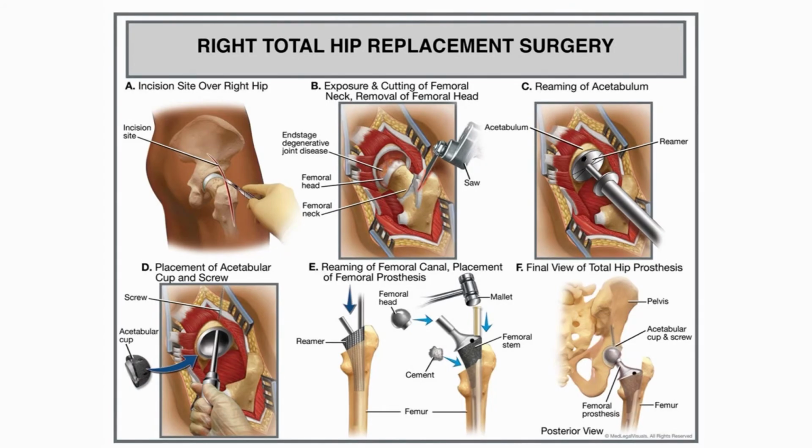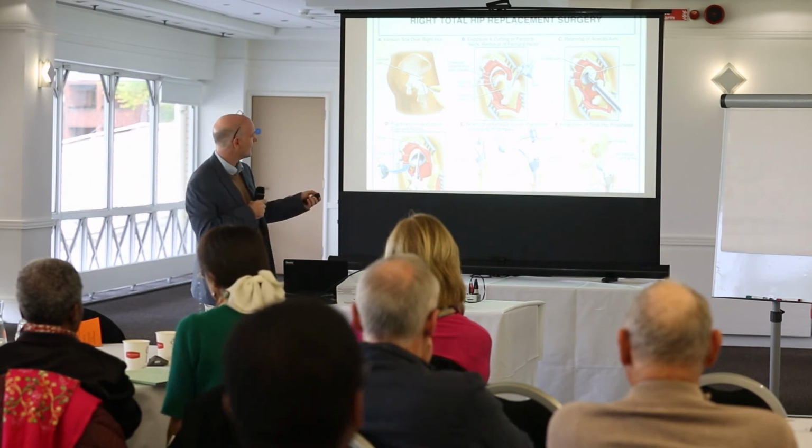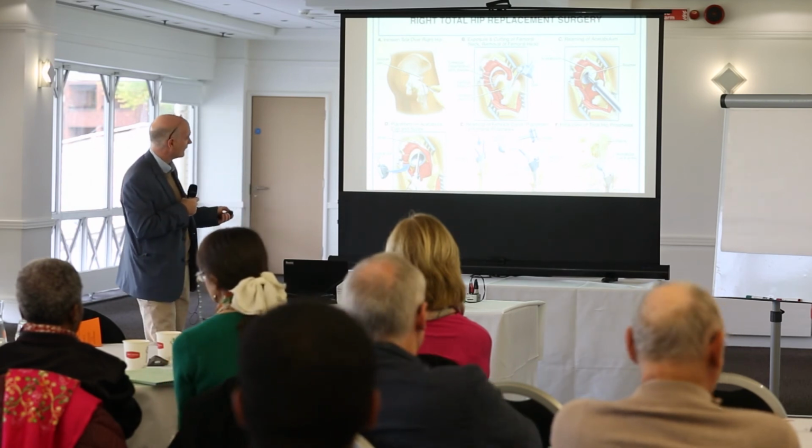And here's just a schematic in case you want to go home and do a hip replacement yourself this evening. So just to tell you what's involved. Here we'll make a cut on the thigh bone, and we cut off the neck of the thigh bone just below the head, and then that gives us access to the socket part, and we get a little drill and ream that up, and then we put in a cup.